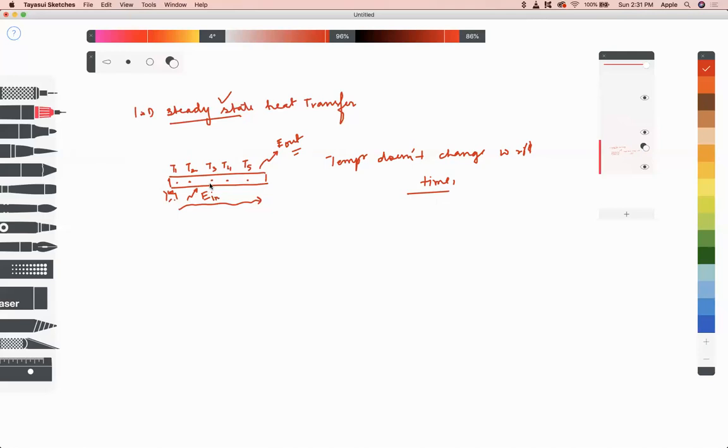Yes, temperature of T1 is higher than T5 with respect to location. Yes, it will change, but for one particular location, the temperature of T1 after steady state has been reached will not change. So for one particular location it will not change when steady state is reached, but from location to location it may change. So don't get confused with respect to the concept of steady state heat transfer.